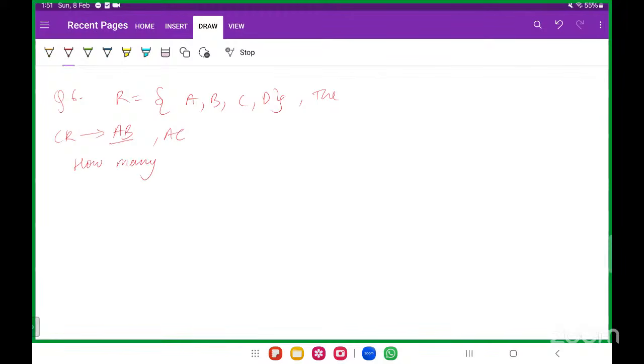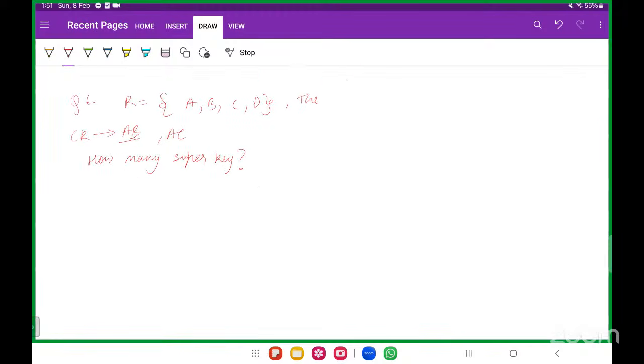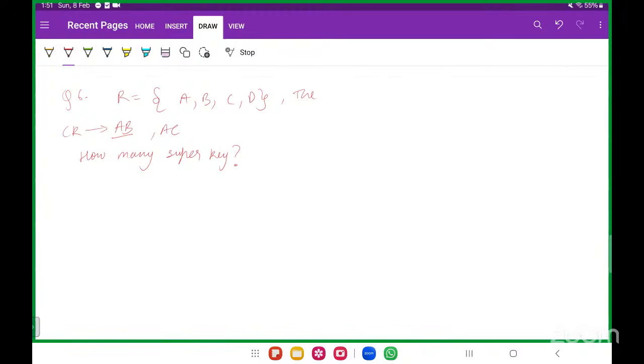Such problems I have discussed a number of times, and you may find exactly the same problem in this one. The ask is very simple. When you take AB as a candidate key, then there are 2 attributes left out, C and D. So there are 2 raised to 2, 4 super keys.